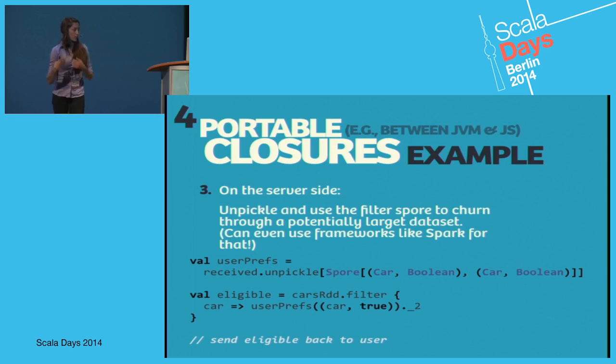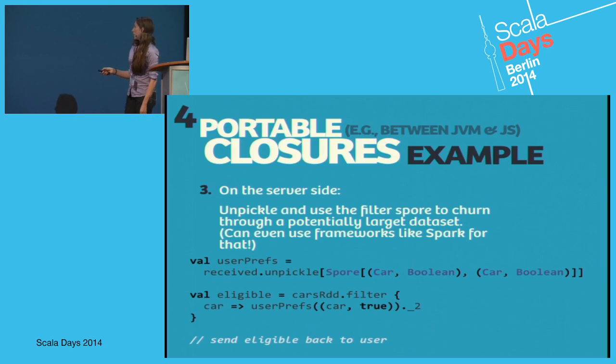Like, if on the server side you actually had the world's largest car database, every car that was ever made, even custom cars people made in the garage, the world's largest car database ever, you could use something like Spark. You unpickle your composed spores, all of these filter spores, as user prefs.